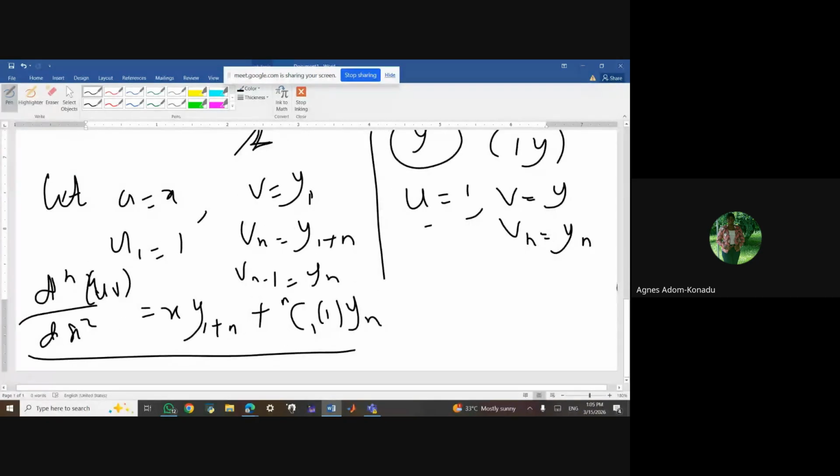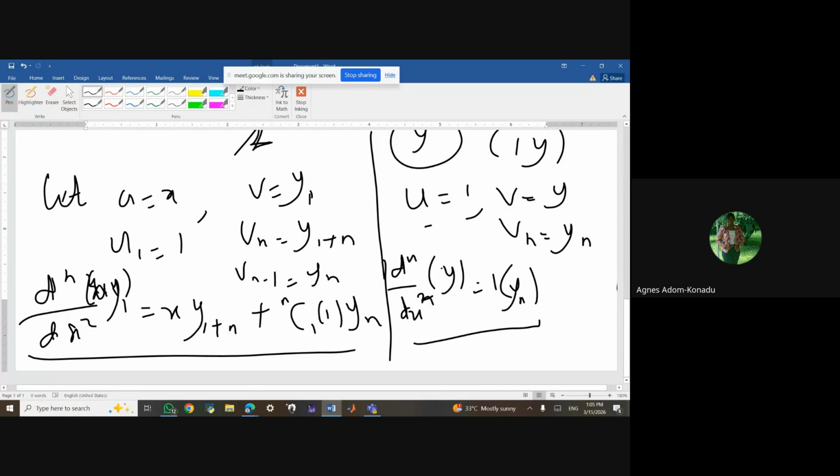So when I go to the formula, dⁿ/dxⁿ of uv will be my u, which is 1, times the nth differential of v, which is y_n. The next terms will give me 0. So this is the nth differential of the third one.